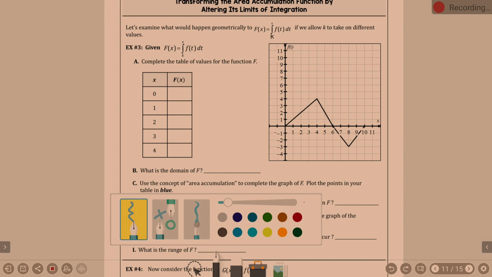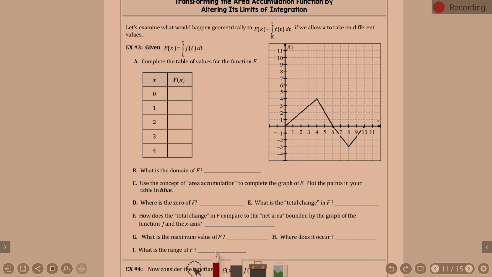So f of x is the integral from k to x of f of t dt if we allow k to take on different values. That's the reason we have to have a k in the problem.